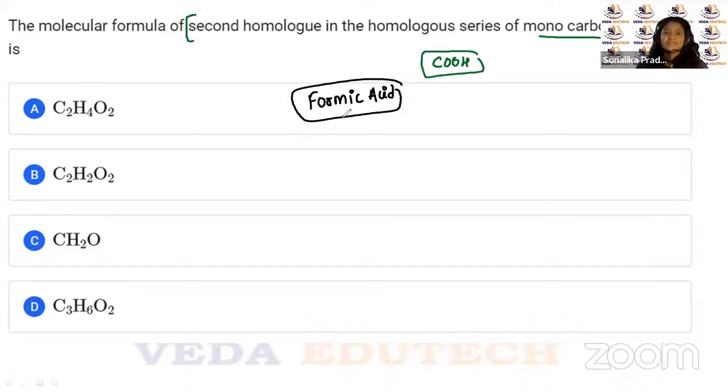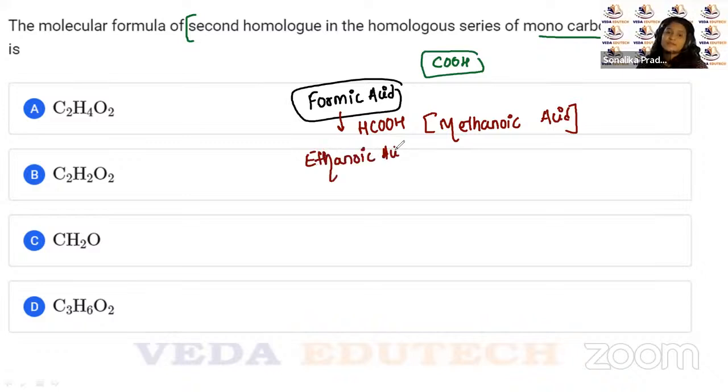So formic acid has the formula HCOOH, otherwise known as methanoic acid. The second is your ethanoic acid, which is otherwise known by the name acetic acid, vinegar.